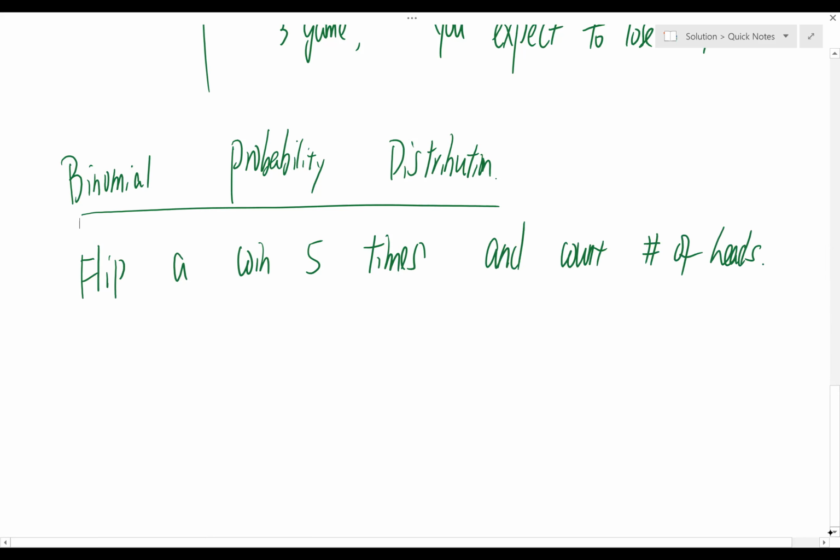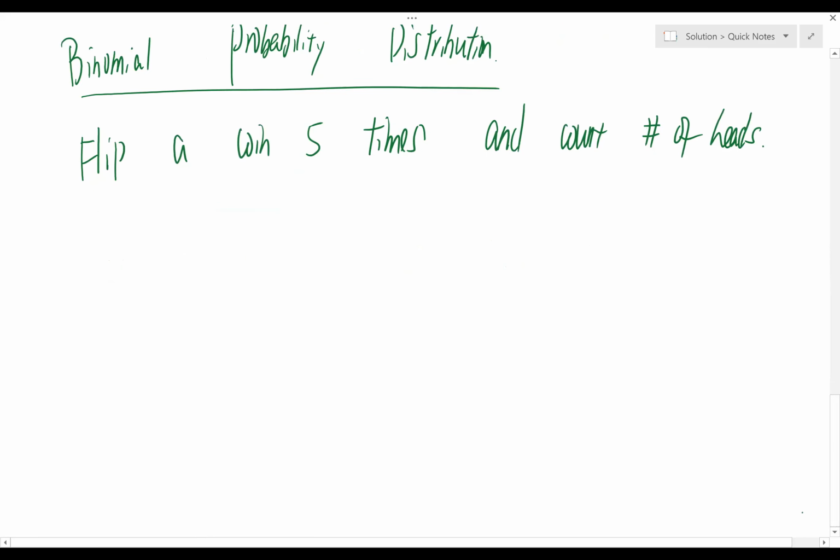And there are some key aspects in looking at this distribution. First of all, if you look at it carefully, when you flip a coin 5 times, each procedure has 2 outcomes, right?